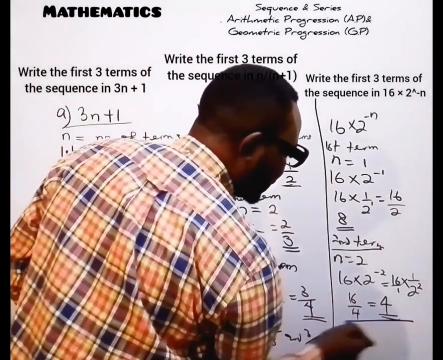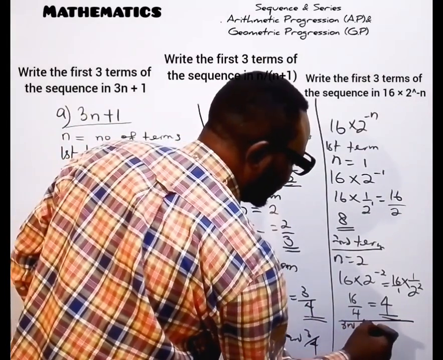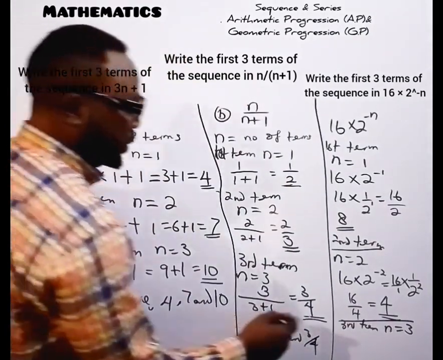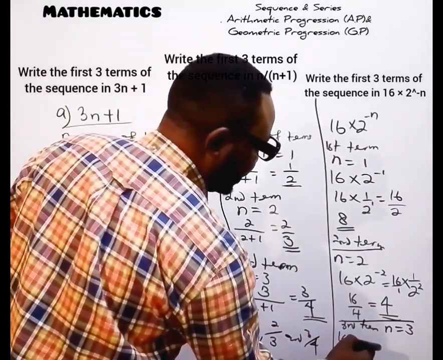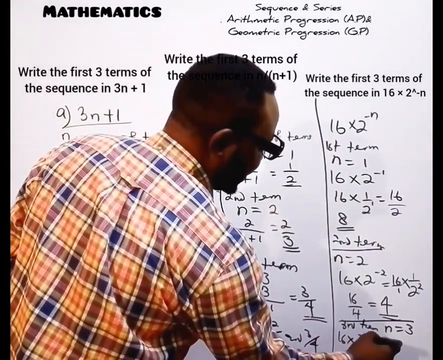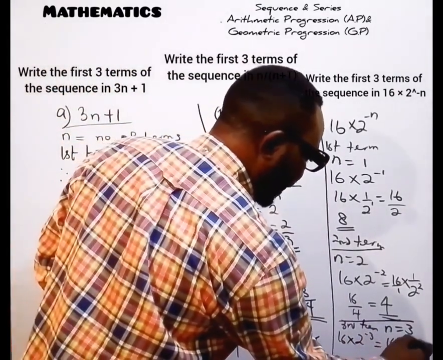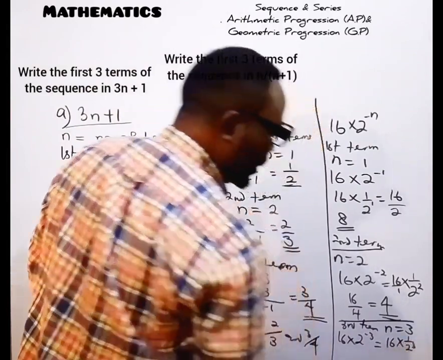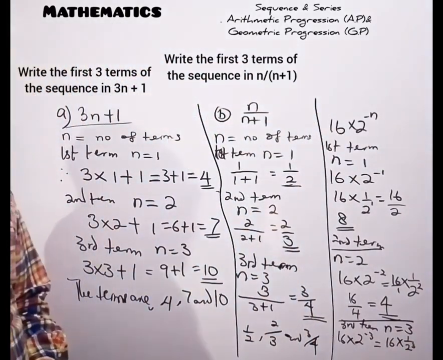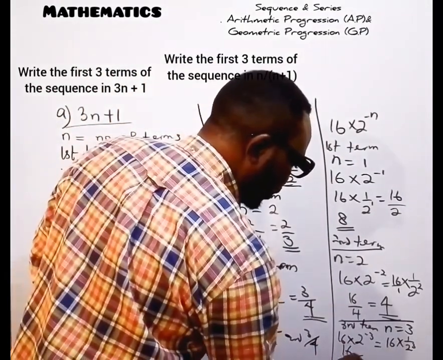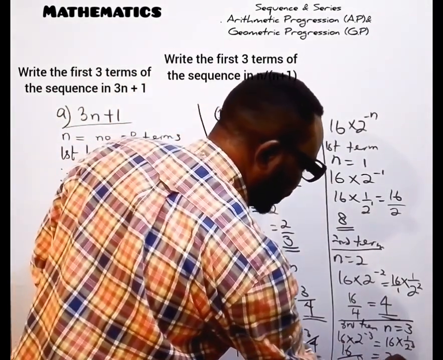For the third term, n will be equal to 3. When n is equal to 3, 16 multiplied by 2 raised to the power of minus 3 will become 16 multiplied by 1 over 2 raised to the power of 3. What is the value of 2 raised to the power of 3? That will be equal to 8. So we are having 16 all over 8, which is equal to 2.